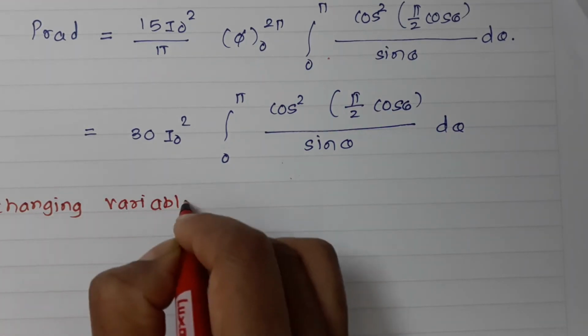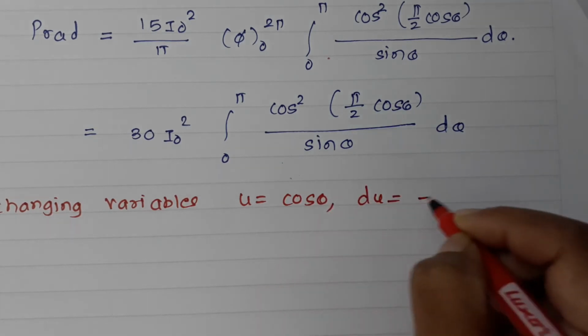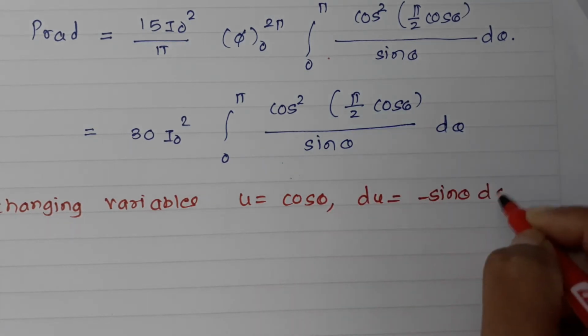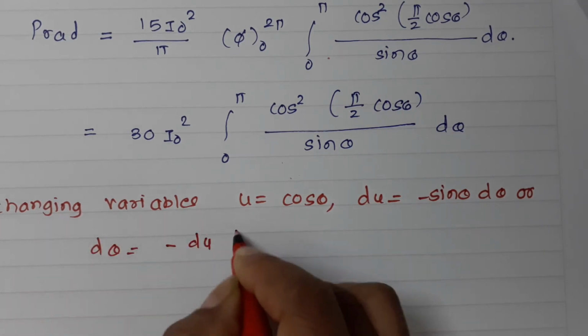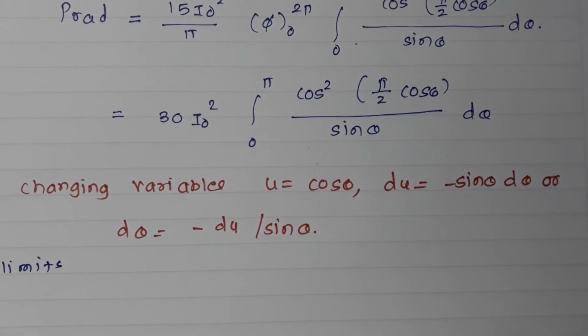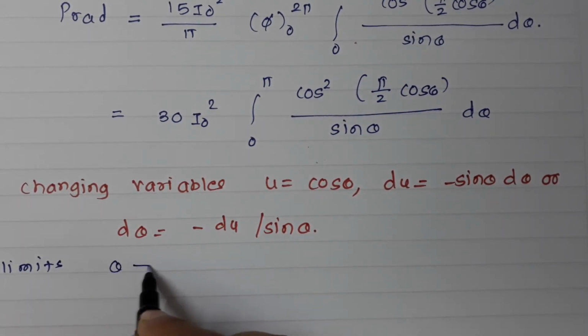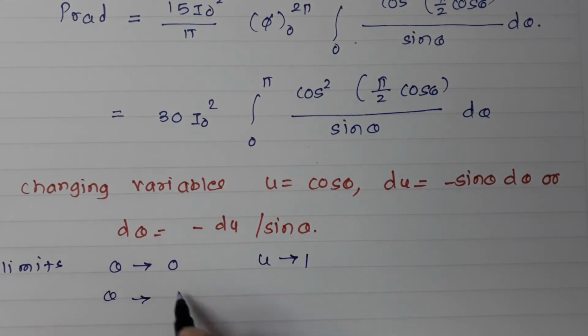Changing variables, u is equal to cos of theta, du will become minus sine of theta d theta, or d theta will become minus du by sine theta. Now as I have changed the variables, I can say my limits: when theta tends to 0, u will tend to 1, and when theta tends to pi by 2, u will tend to 0.